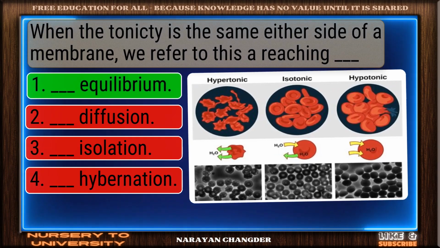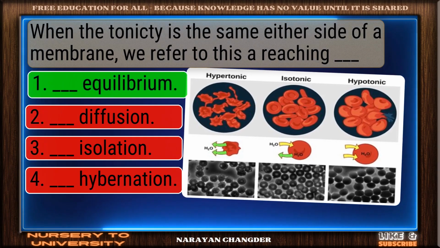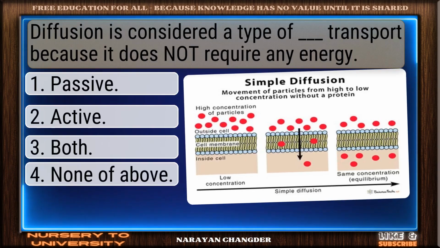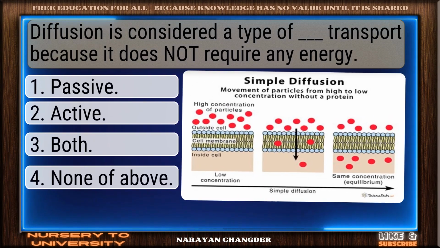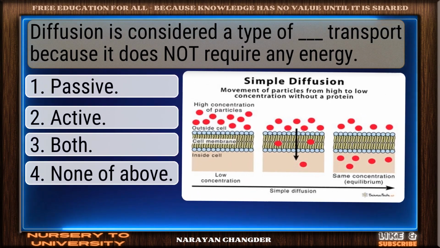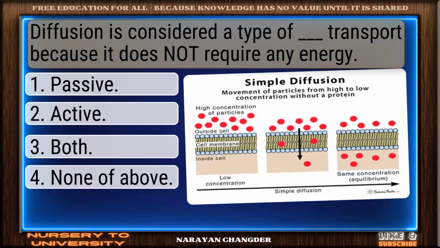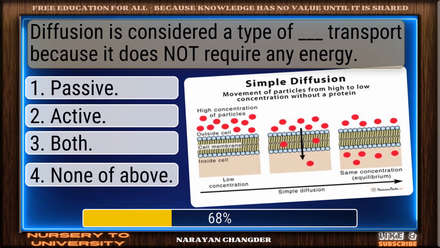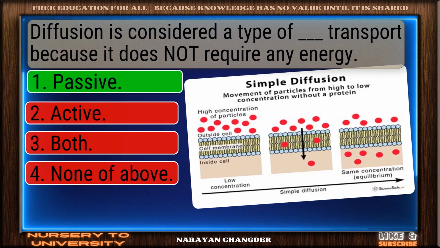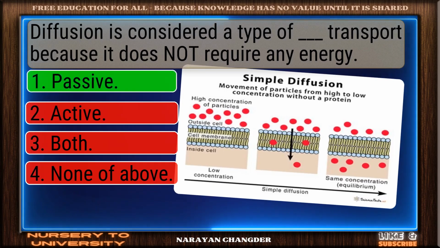You're right. Dynamic equilibrium is the correct answer. Diffusion is considered a type of dash transport because it does not require any energy. Great thinking. Passive is the right choice.